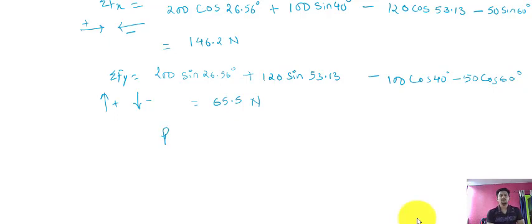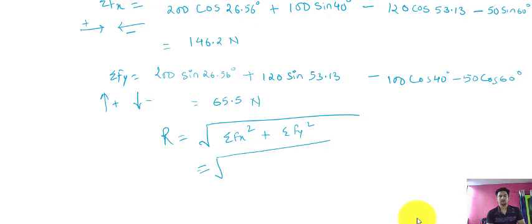For calculating the resultant, you have to do the summation as square root of summation of Fx square plus summation of Fy square. I hope you know this formula: this is the Fx component, this is the Fy component, and this is the resultant value.